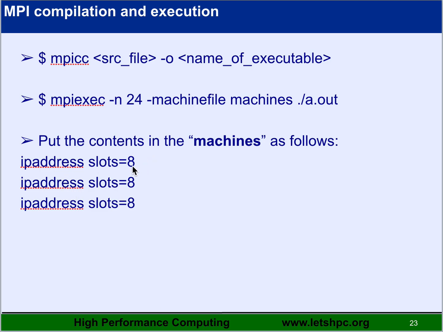If you want to have 8 cores from all 3 nodes, or 3 out of 4 nodes, then you have to put the IP address of the 3 nodes and how many slots you want from each of these nodes. So you can write a simple MPI program and execute it on the cluster.